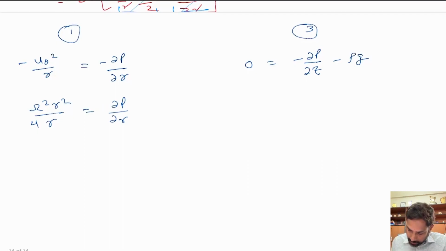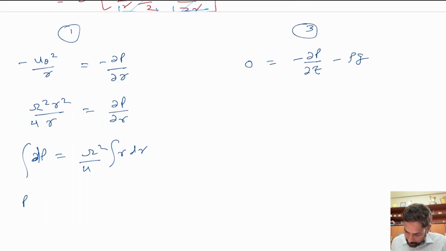So this gives us dp as omega square by 4 r dr. So let's say we integrate it, and this becomes p as omega square by 4 times r square by 2, plus let's call it c1, that is a constant, right?